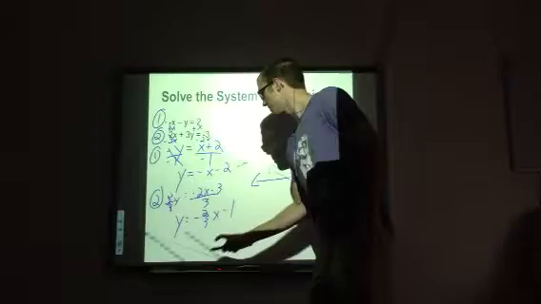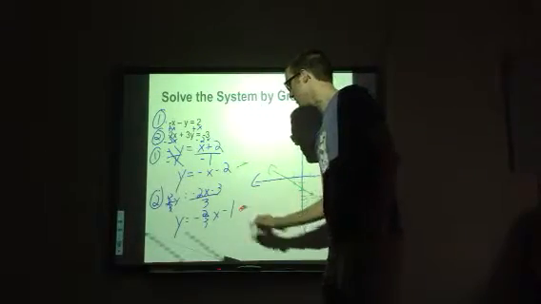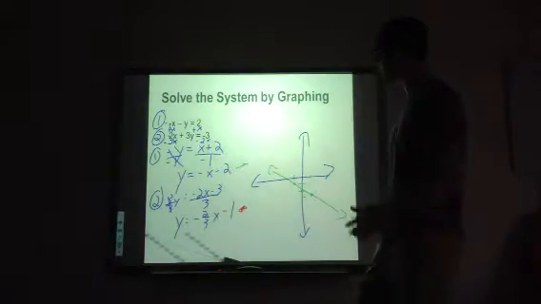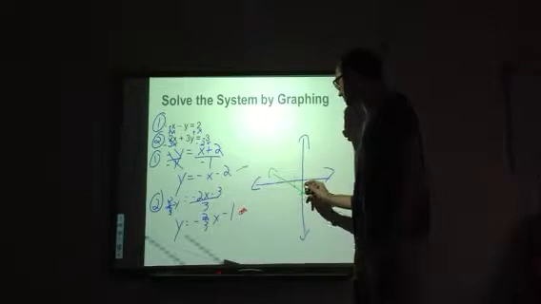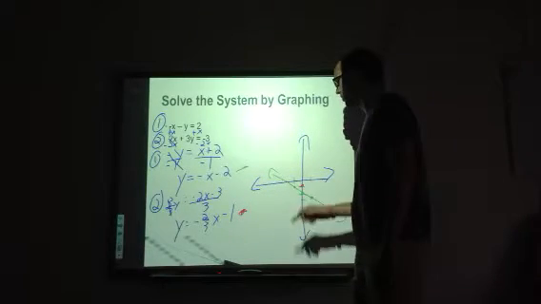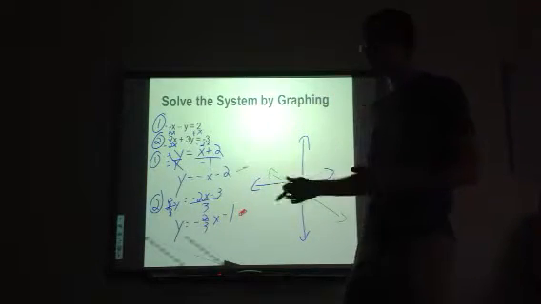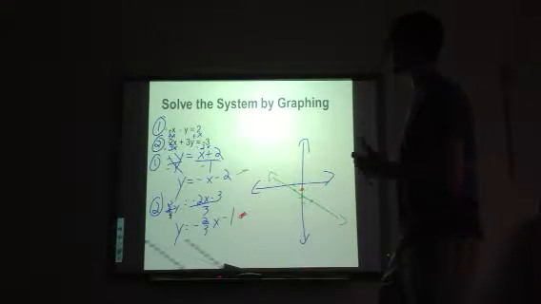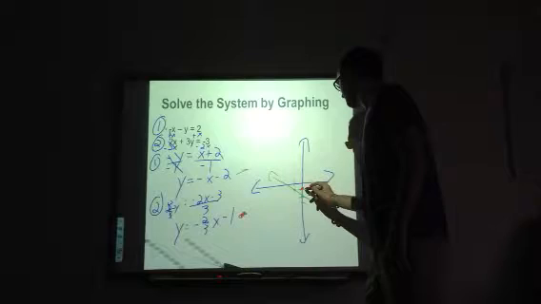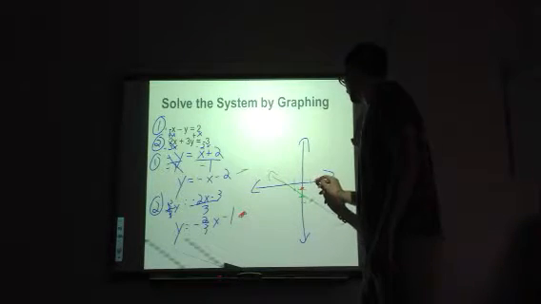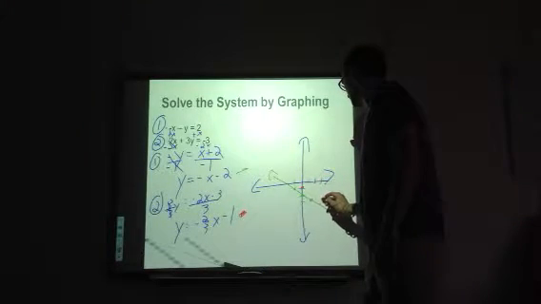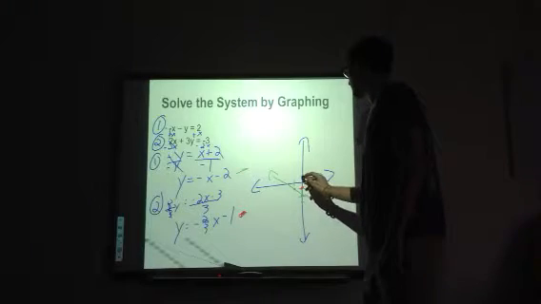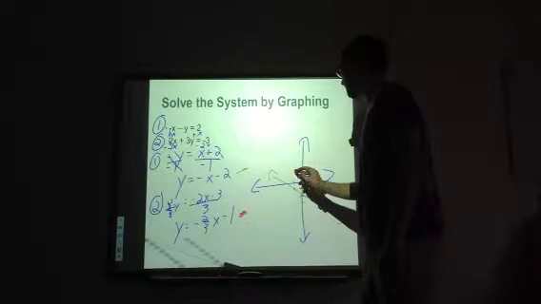Let's go ahead and graph equation 2 in red. What's your y-intercept? Your y-intercept is negative 1. Remember, y-intercept is what y is going to be when x is 0, when it crosses that y-axis. What is your slope? It's negative 2/3, so go down 2 over 3, or up 2 to the left 3.